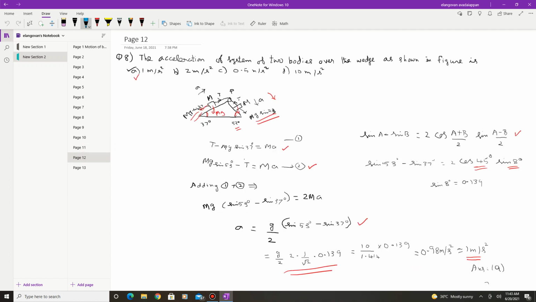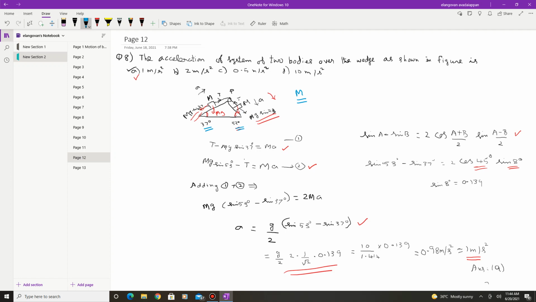Now let us take a problem. The acceleration of the system of two bodies over a pulley, as shown in the figure, is? So this is a two inclined plane. One side the angle of inclination is given as 37 degrees, and the other angle of inclination is 53 degrees, which is given. But here the mass is the same.